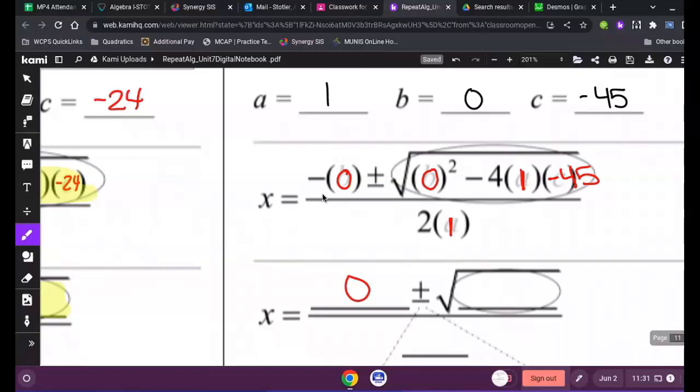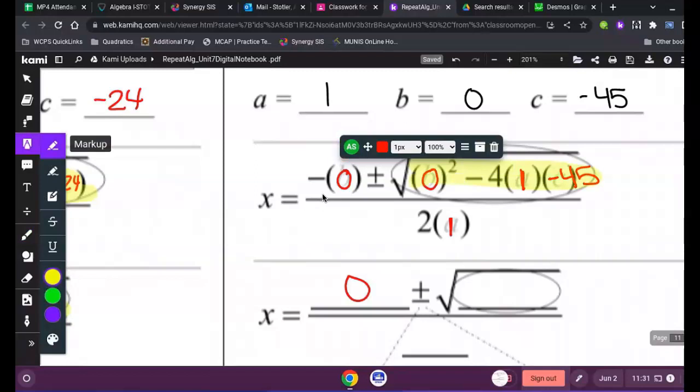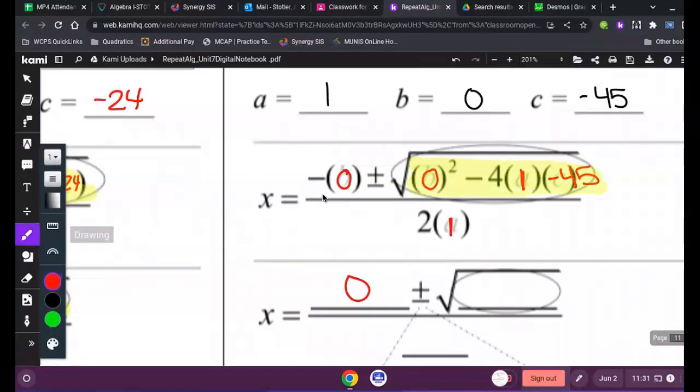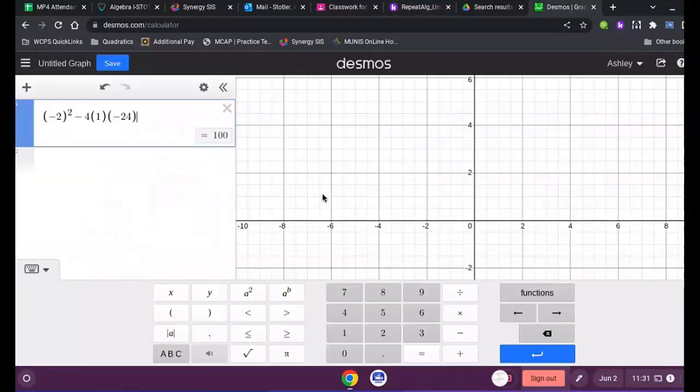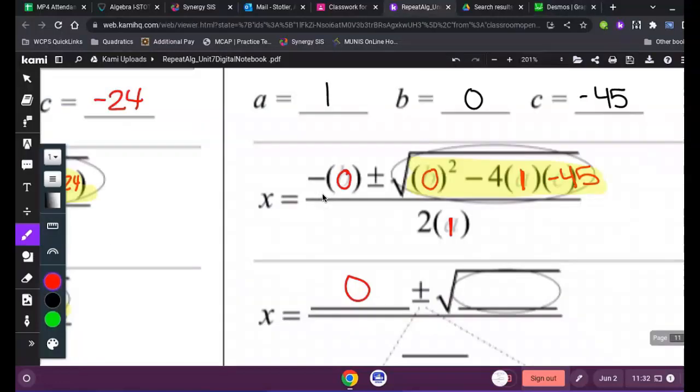We're going to type all of this into the calculator. 0 to the second power minus 4 times 1 times negative 45. Always use the parentheses. So we get 180.